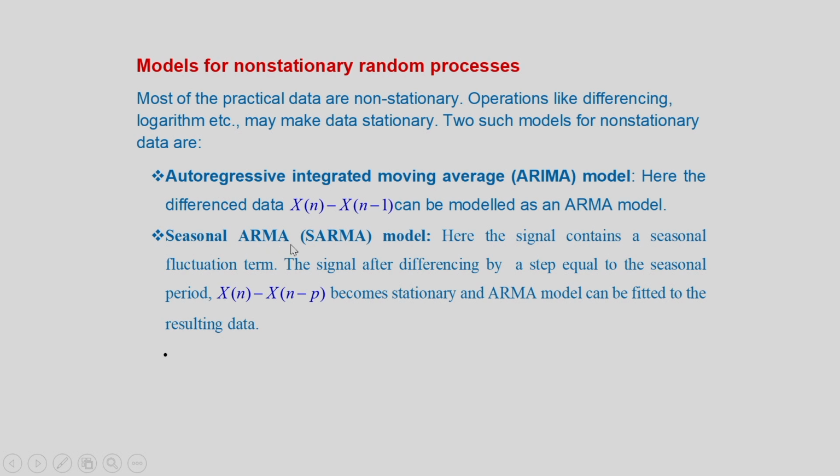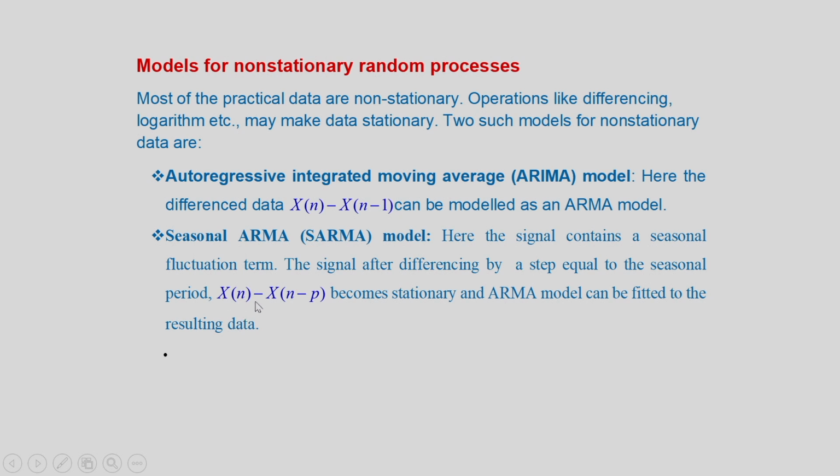Second, the seasonal ARMA, that is the SARMA model. Here the signal contains seasonal fluctuation terms, for example, weather data. The signal after differencing by a step equal to the seasonal period, that is P, becomes stationary, and an ARMA model can be fitted to the resulting data.